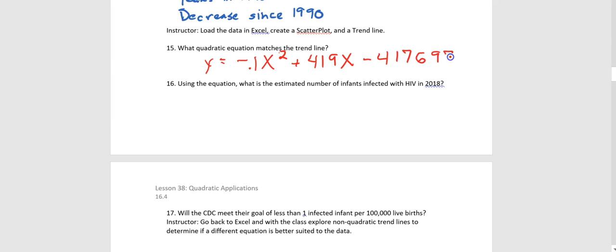Crazy numbers. It says, using the equation, what is the estimated number of infants infected with HIV right now, in 2018? So we're going to substitute 2018 into this equation.